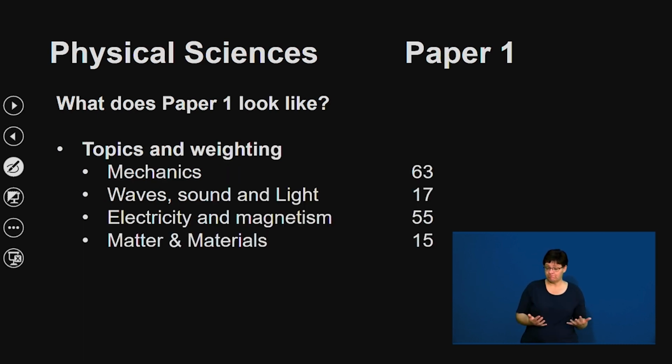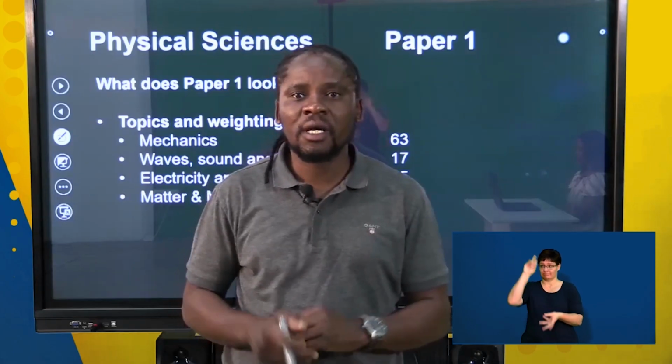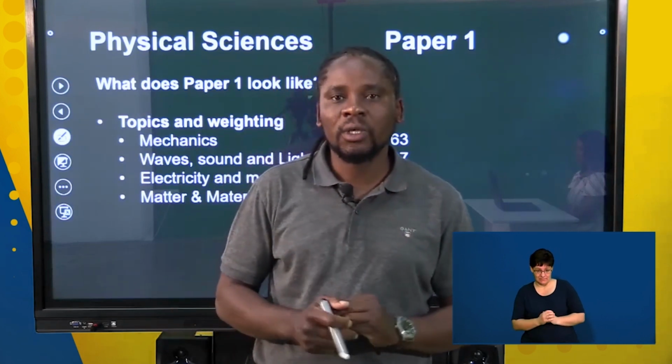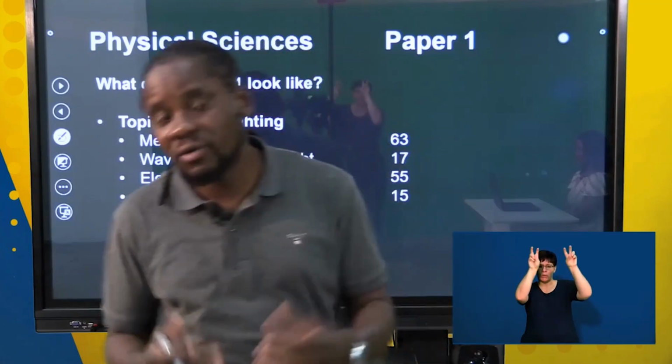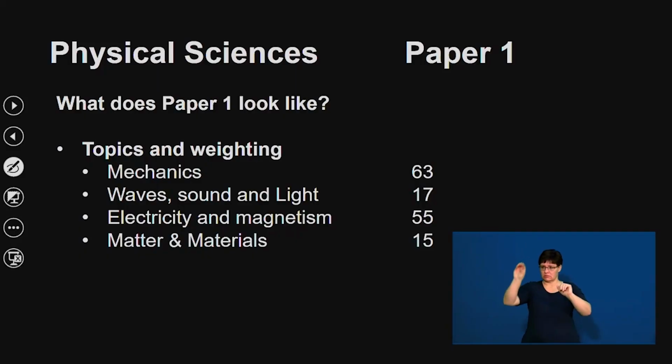Each one of these topics definitely carries a different weight, which contributes to the grand total of 150. Now let's quickly look into the knowledge areas or topics as far as the number of marks that each one of them carries, right? We've got the mechanics, which is broken down into Newton's laws: Newton's first, second, third, as well as universal gravitation.